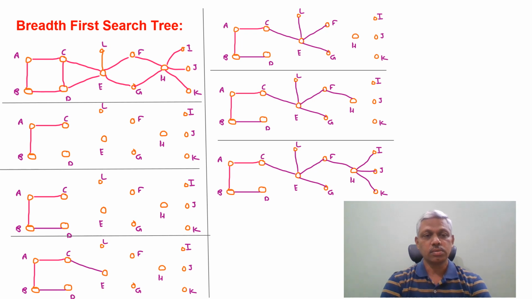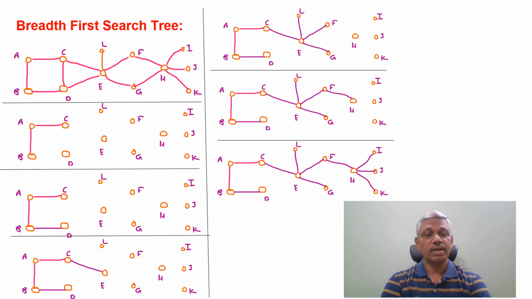At B, there is one vertex adjacent to it, and the addition of that edge should not create a cycle with the existing edges of the spanning tree. So if I add BD, it is not going to create any cycle with AB and AC, so I can add BD. Similarly, at level 1, C is also a vertex present, and I can add edge CE.